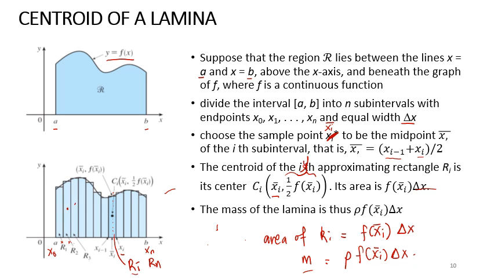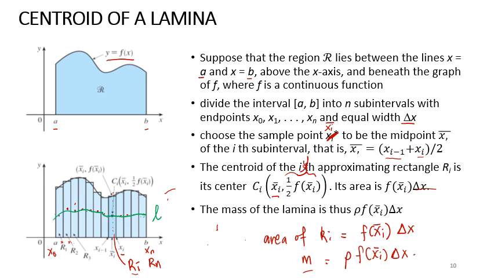As the rectangles grow higher, just find the center of each rectangle. The centroid of the lamina must then lie on this line L, because the centroid of each rectangle lies on the respective points at xi bar.